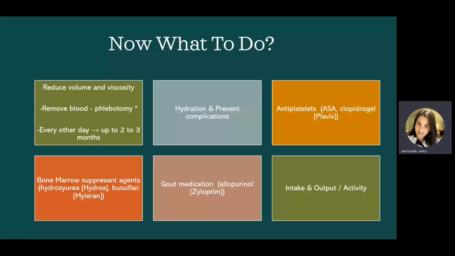So now let's talk about what we do for these clients. One of the things that we do is reduce the volume and viscosity of the blood. And how we do that is by removing blood, through phlebotomy.